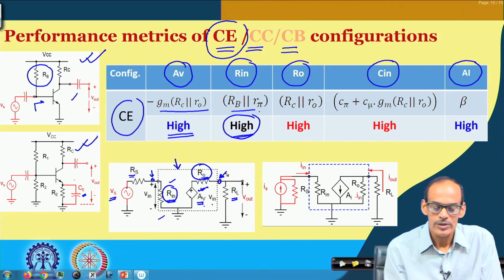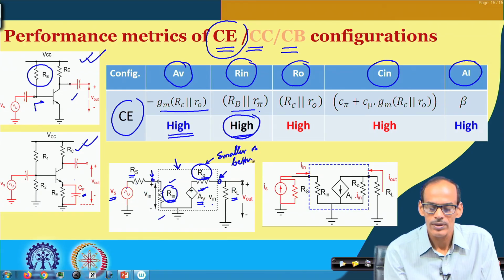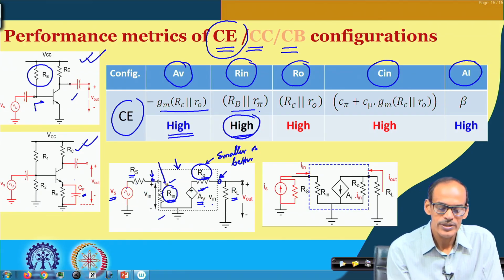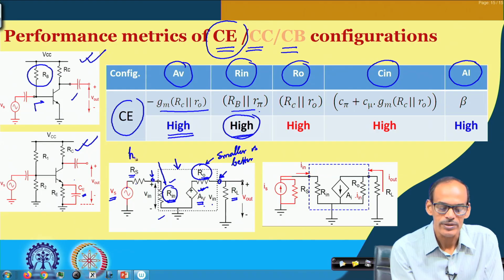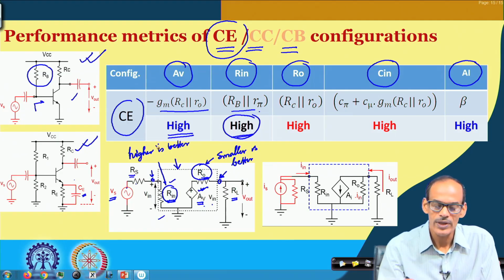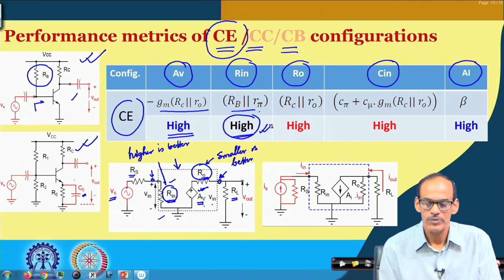So, I should say smaller this R out, the better. So, smaller is better, and for input resistance, higher is better.